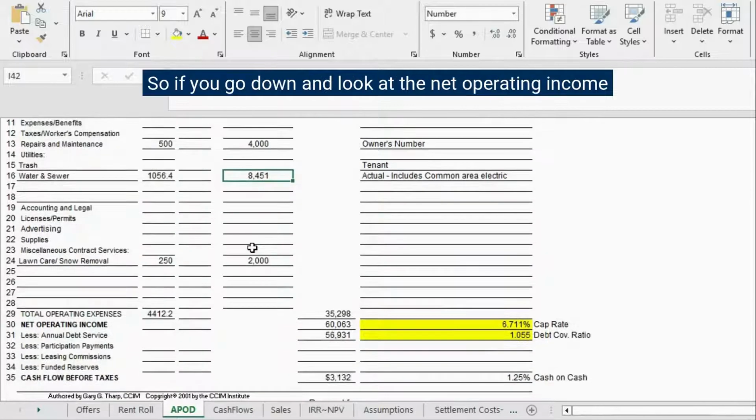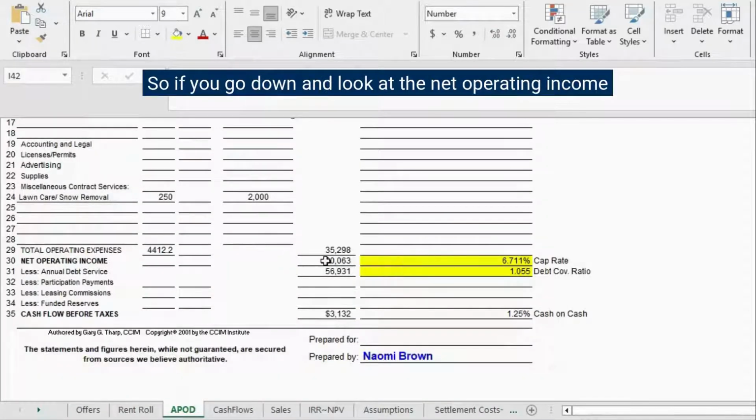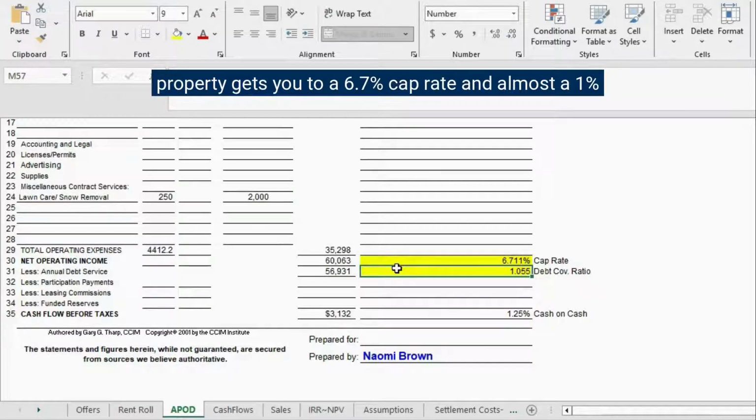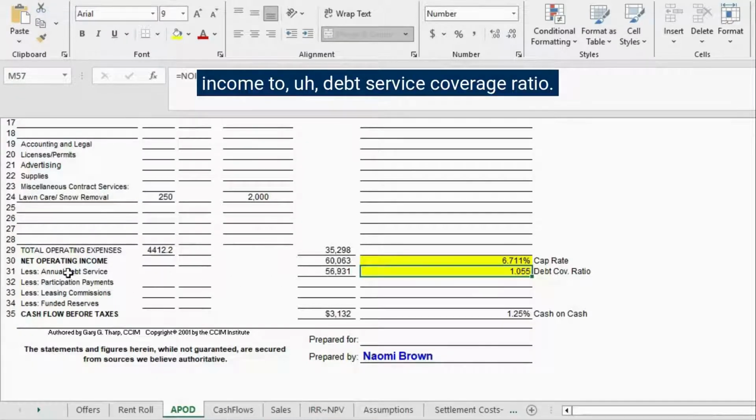If you go down and look at the net operating income and apply a cap rate, just as a reminder, the cap rate is the net operating income divided by the sale price of the property, it gets you to a 6.7% cap rate and almost a 1 debt service coverage ratio.